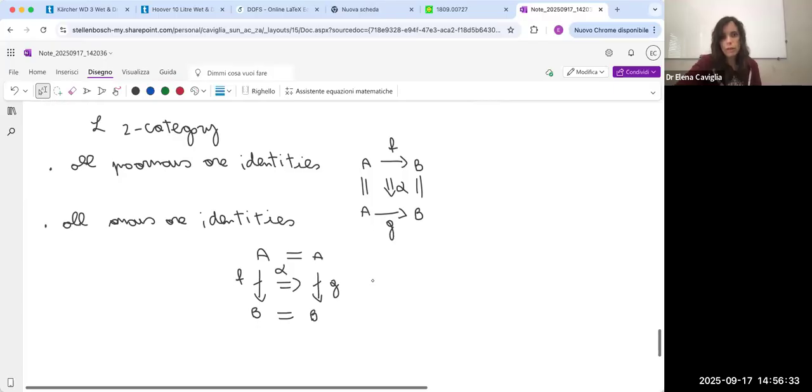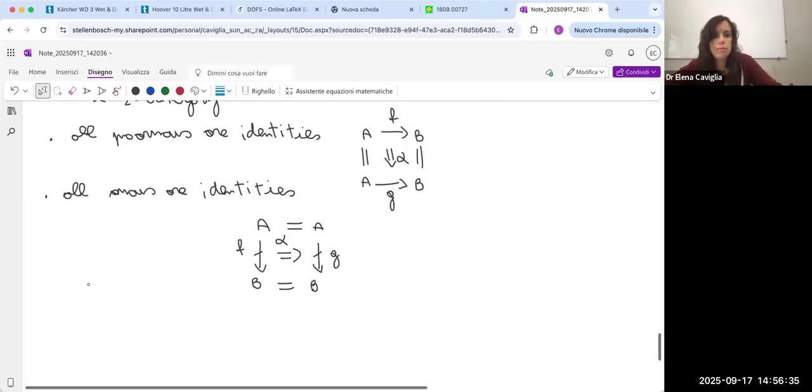And then we have a third way that's perhaps a little bit more interesting, that is called squares or quintets.